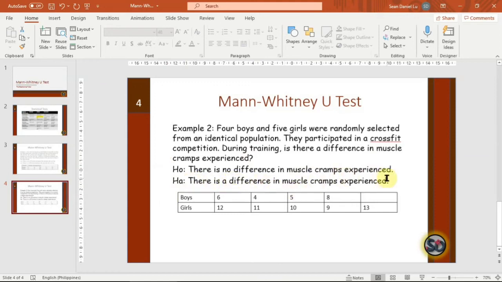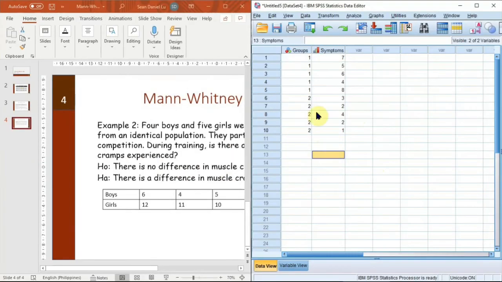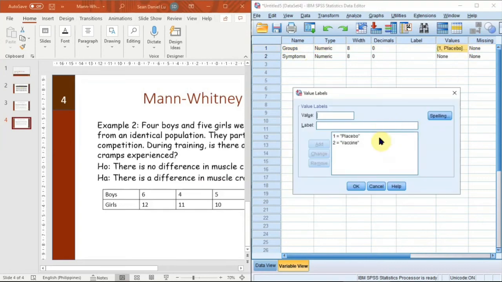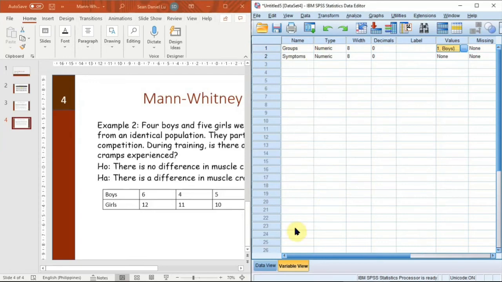Now let's try this in SPSS. I'll just edit this data over here from groups instead of the values being placebo and vaccine. I'll change this to boys, 1 for boys, 2 for girls, and click OK. Now I'll change the variable name of symptoms to muscle cramps.